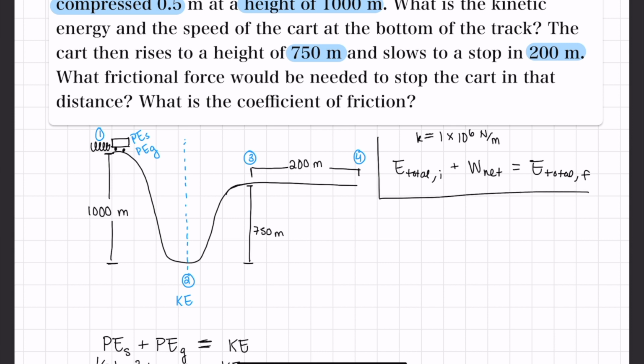So I'm going to write this in a slightly different way. I am going to write this as E total 3 plus net work, and then this is all going to be going to 0 at that part 4. So I'm just going to write that equals 0. If it doesn't go to 0, then you would write it as the total energy at part 4.